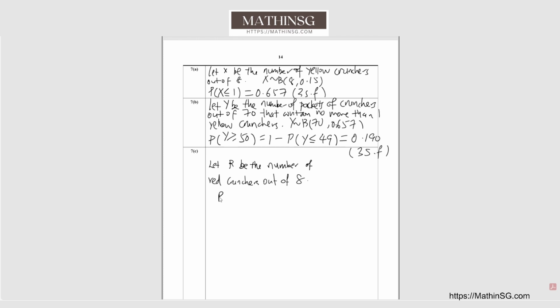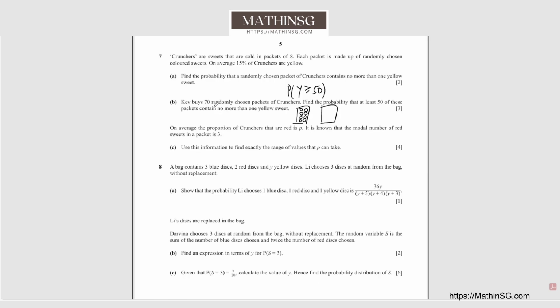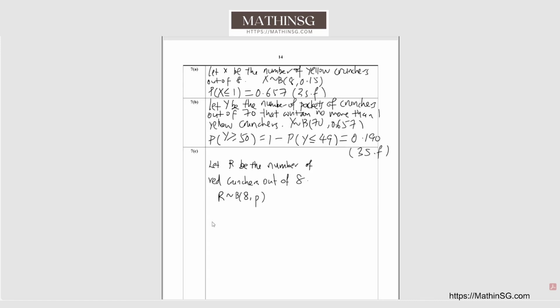So R takes binomial distribution (8, p), and we need to find what p is. And what else are we given? They tell us that the modal number, that means mode, is equal to 3. So we know that the mode occurs at r equals 3.